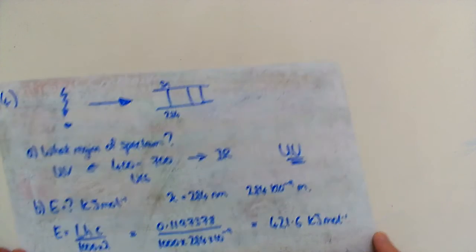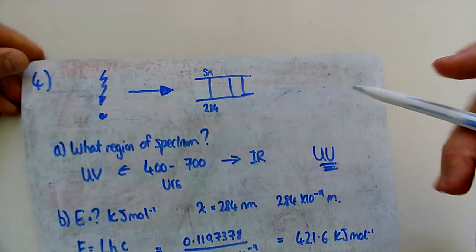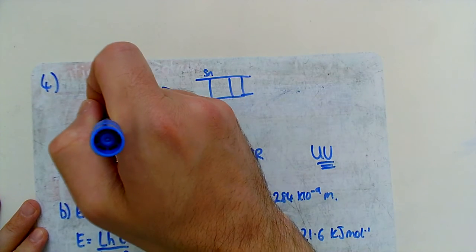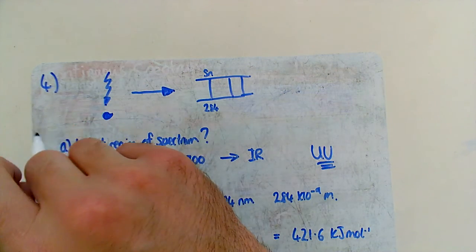Question C asked for an explanation as to why that process of striking your sample with electricity gave rise to a spectrum.